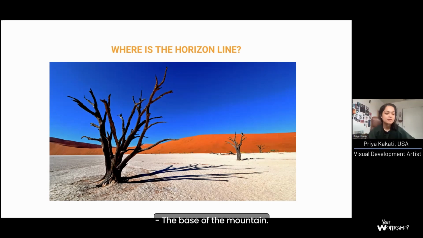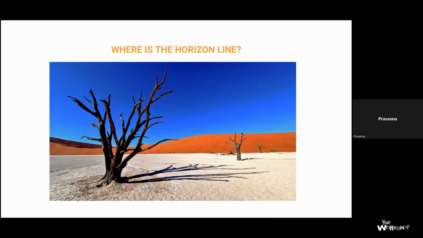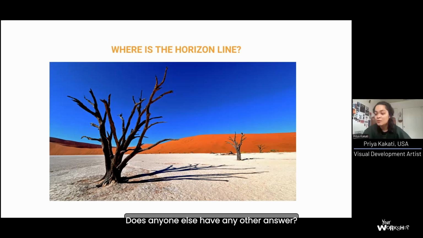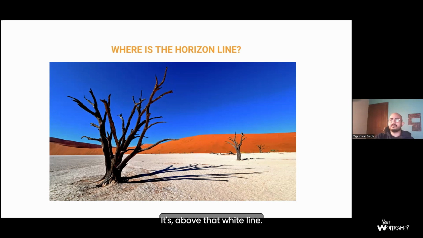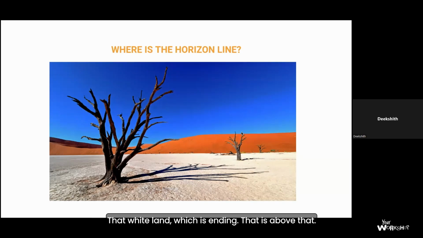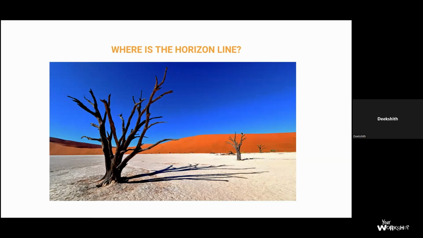At the base of the mountain. The base of the mountain. Okay, does anyone else have any other answer? Top of the mountain? No, it's above that white line, that white land which is ending. That's above that. Somewhere in between that sand.